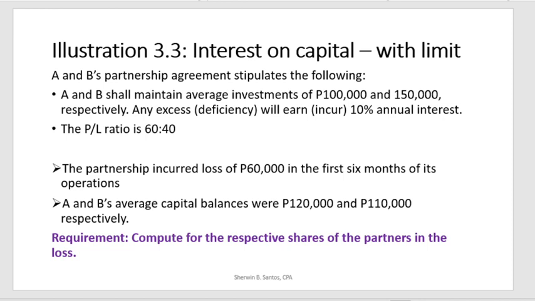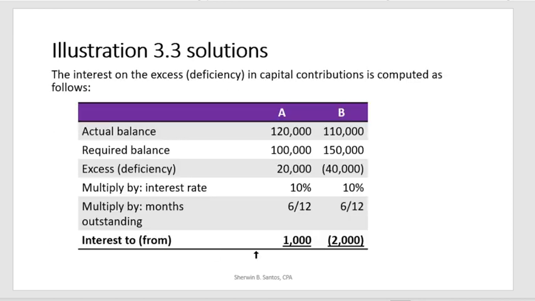So, yun yung reason dyan. Dahil yung interest rate na 10% na yan ay for the whole year, for a 12-month period yan. So, dapat lang na kuhanin natin yung proportion ng interest na yan.